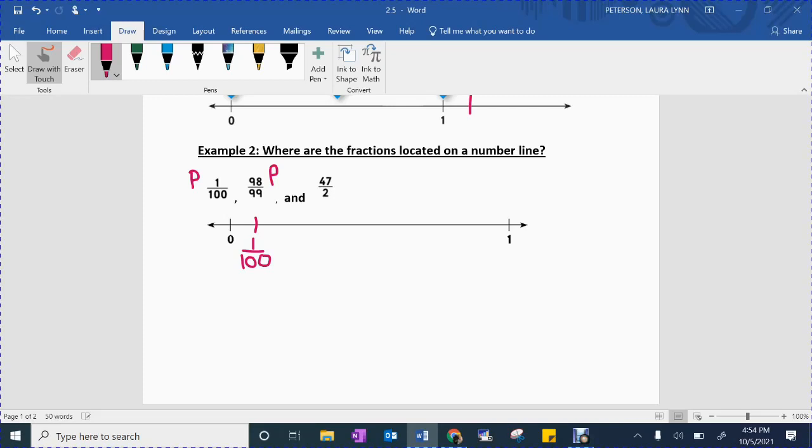That makes this fraction overall a big fraction, and big fractions are closer to the 1. So let's draw a tick mark closer to the 1 on our number line. And let's label this 98 over 99.